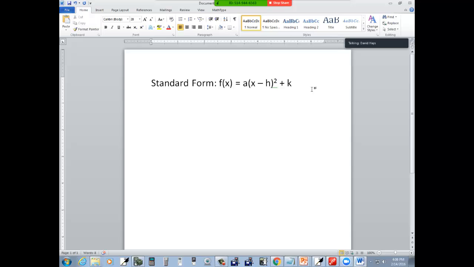And if you have it in that form, then your vertex would automatically be (h, k). Although it doesn't ask for it, your axis of symmetry will be x is equal to h. And your min, or your max, is equal to your k.